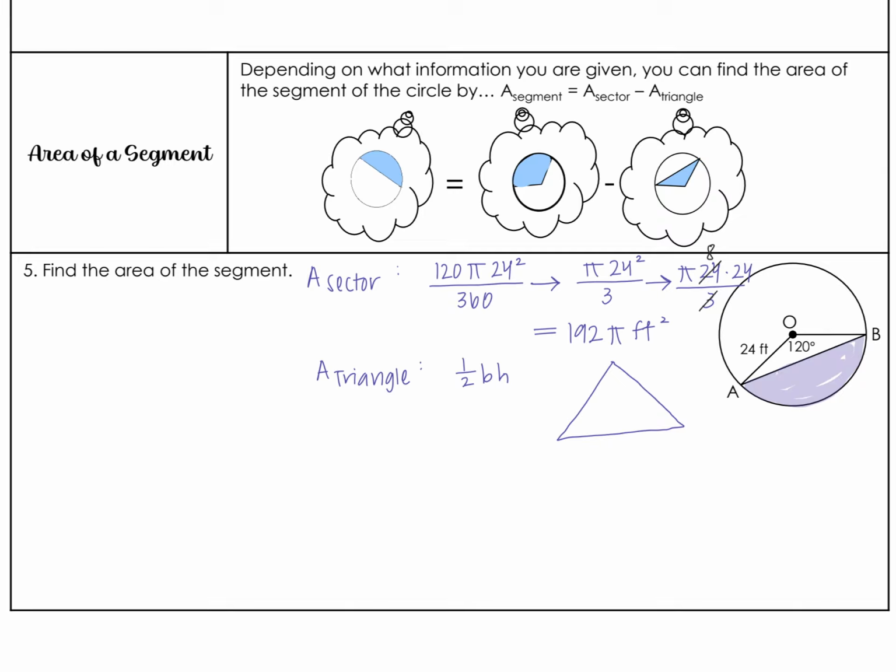And we know that this angle here is going to be that 120 degrees. I also know that this is an isosceles triangle. And I know this because from O to B, it's a radius, and from O to A is also a radius, and therefore they are the same. And you have two congruent sides, you have an isosceles triangle.